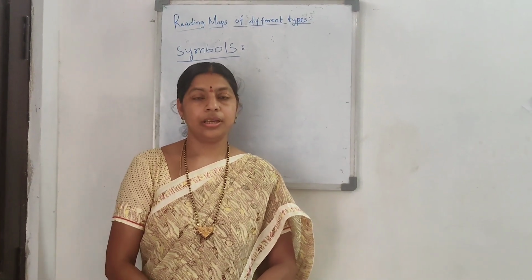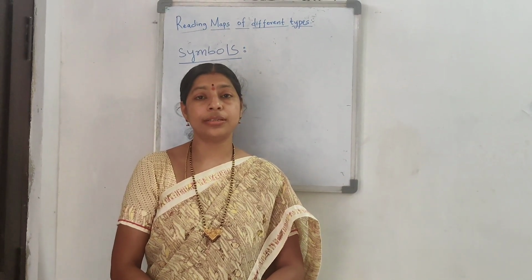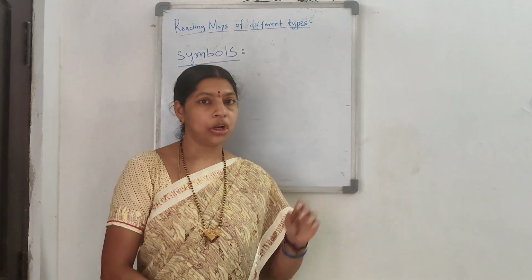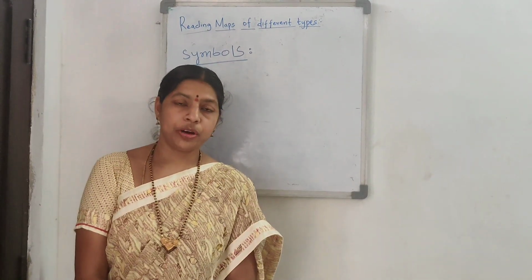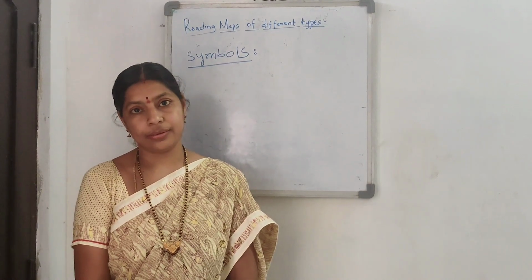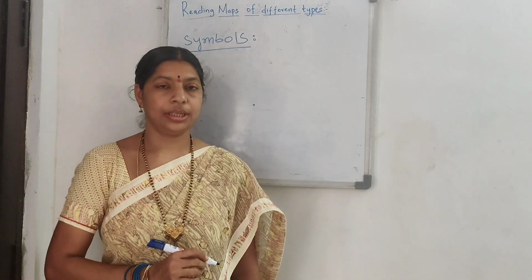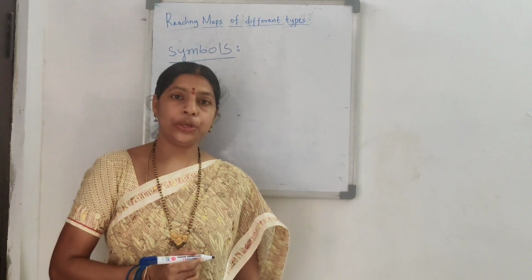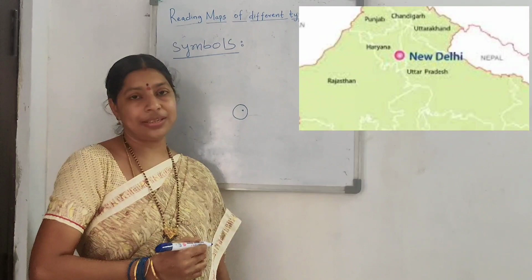Symbols. Usually we use symbols to represent the physical objects on a map. Some of the symbols are listed in the table on the screen. If you want to show the location of Delhi on a map of India, we will mark a point. Delhi is the capital city of our country. We need to mark it with a dot and a circle around it.